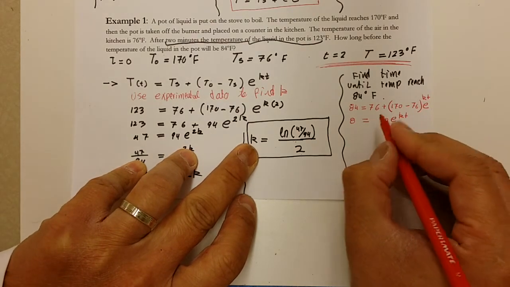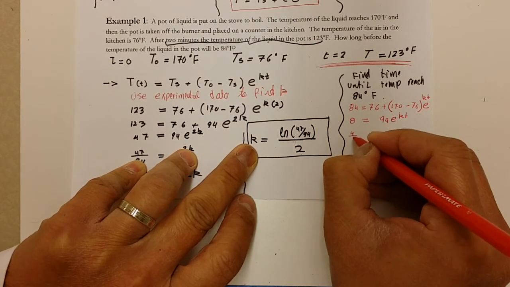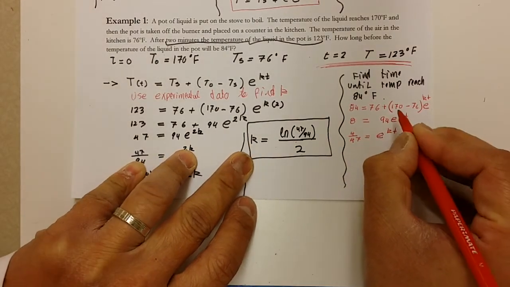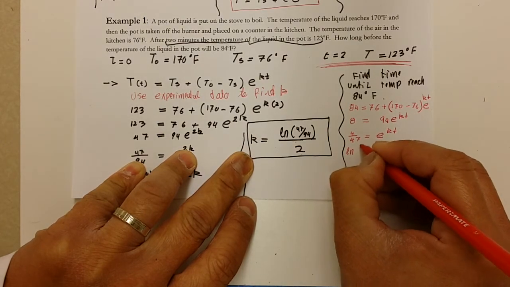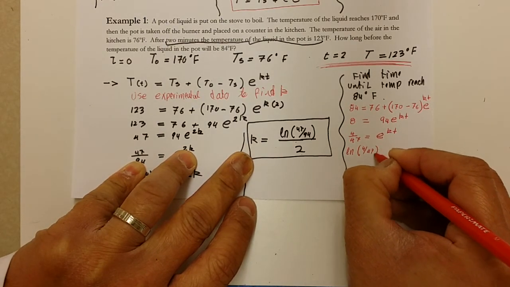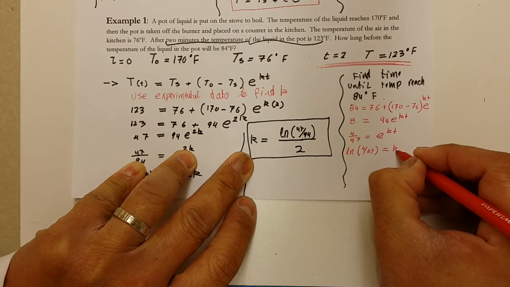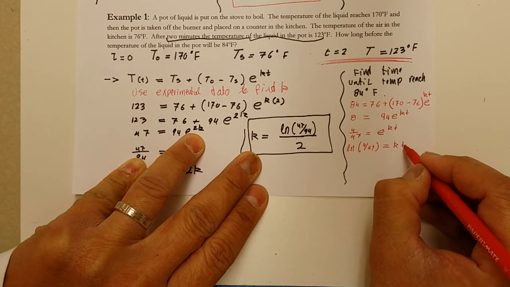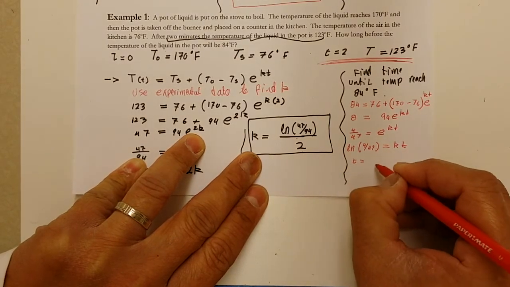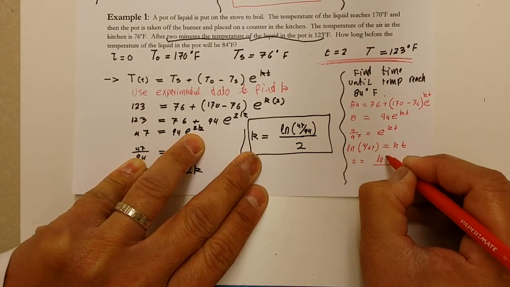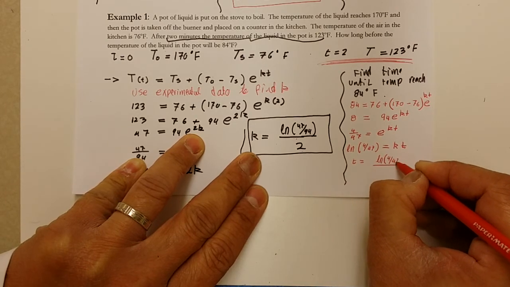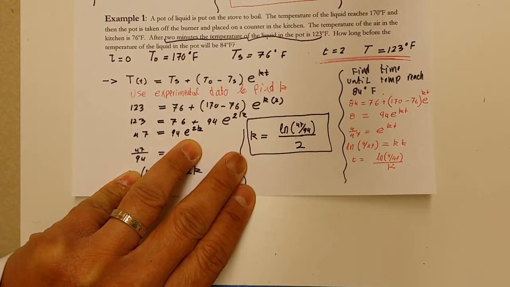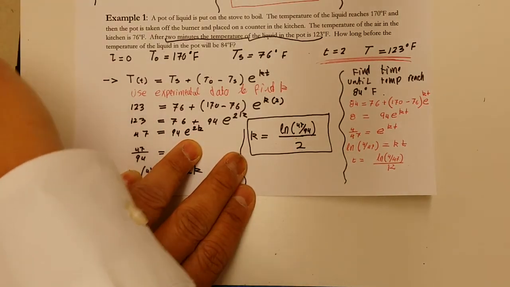Dividing both sides and simplifying, we get 4 over 47 equals e to the kt. ln both sides. ln on this side is going to give us kt, and then we solve for time. So time is going to equal ln of 4 over 47 divided by k. But remember, k is this number. So find out what k is, and then we're going to divide.